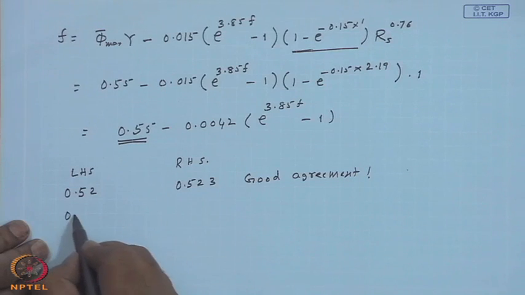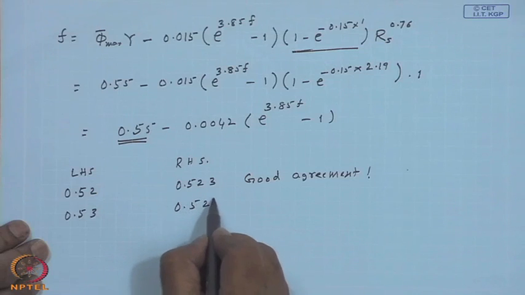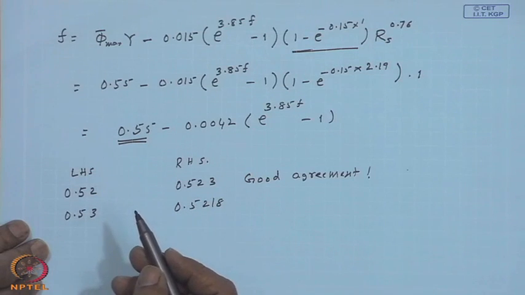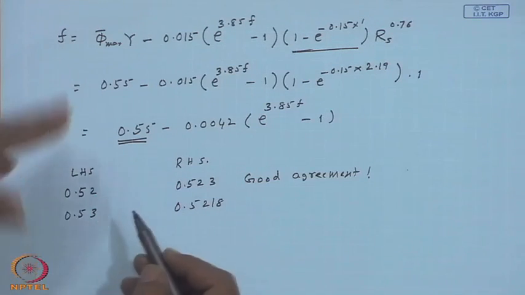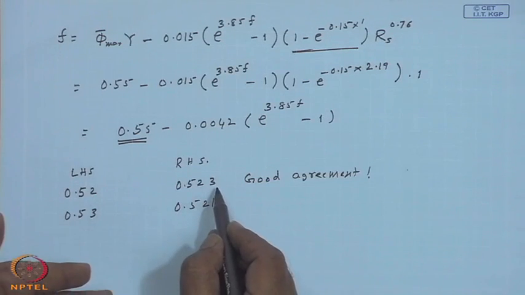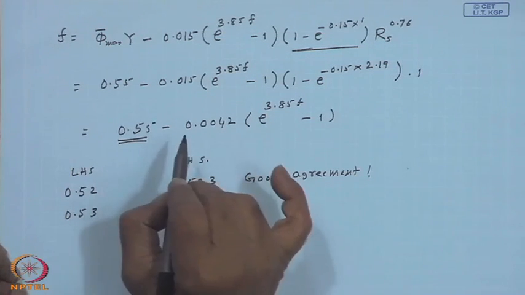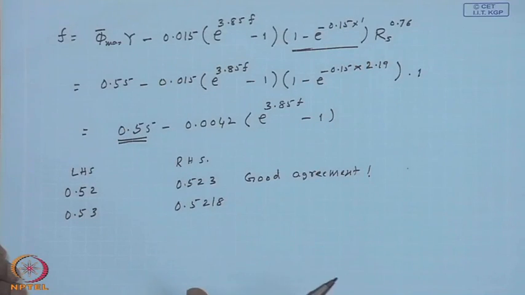I tried with 0.53, I got 0.5218. So, it may be 5.2 or 5.3, and if you want to see the efficacy, you may start with 0.4, then this will be too large, then you have to bring it down. So, it is not as difficult as it looks when you have this long equation.